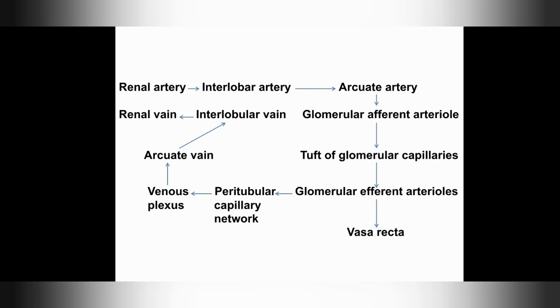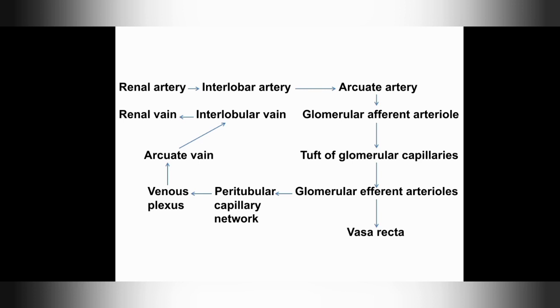Some connections are there for the core of our kidney, and that is in the form of vasa recta. From this efferent arteriole, peritubular capillaries, venous plexus, arcuate vein, interlobar vein, finally the renal vein, the blood will go out. So no peculiarity is there. This is the simple one.